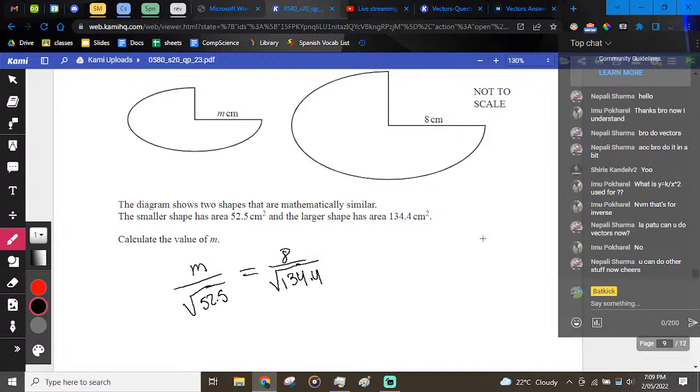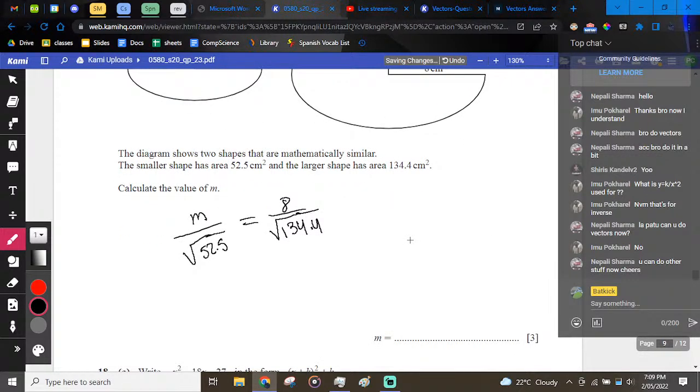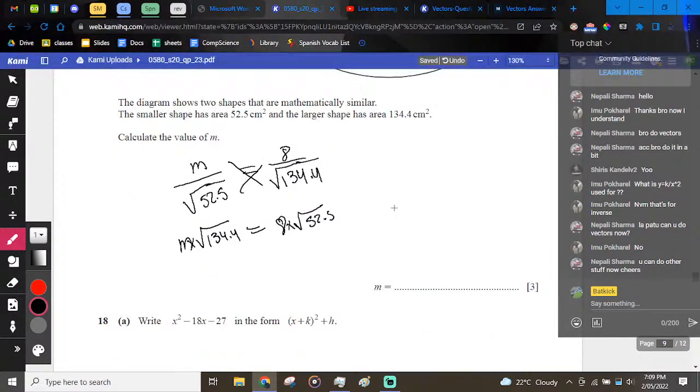This is how I like to do it. And now you can cross multiply to give 134.4 times 8 equals 52.5 times M. M is equal to 8 times square root of 52.5 over square root of 134.4.